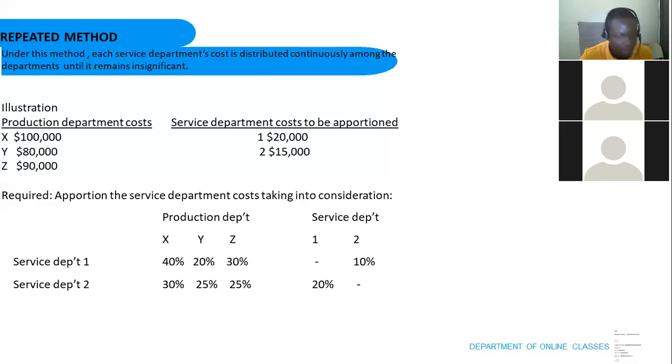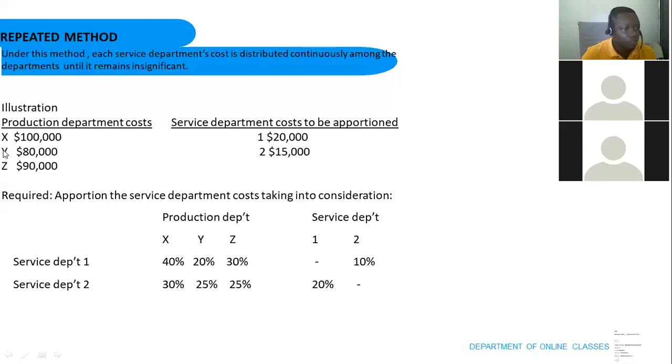Then let's move on. So I believe you can see an illustration here. Production department costs. For production department X, you can see that they incur an amount of $100,000.